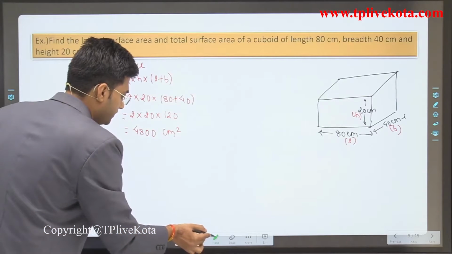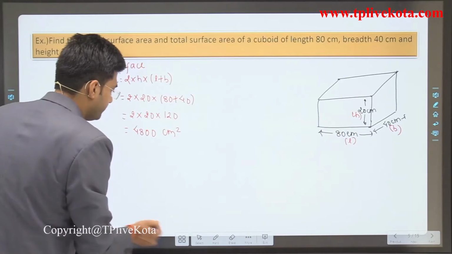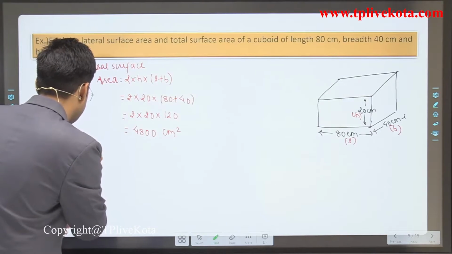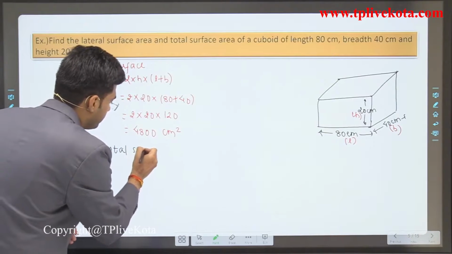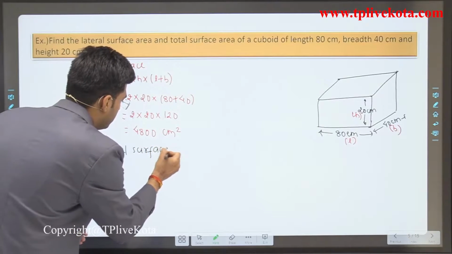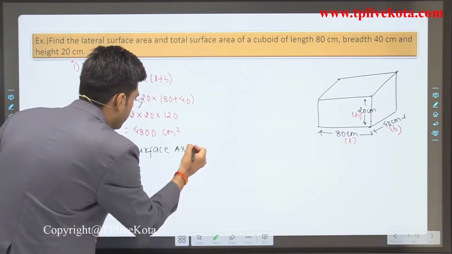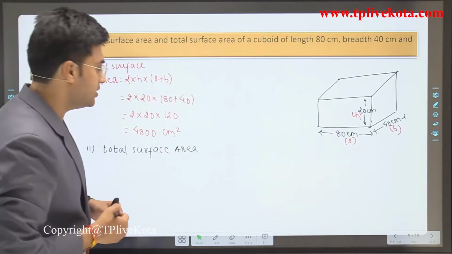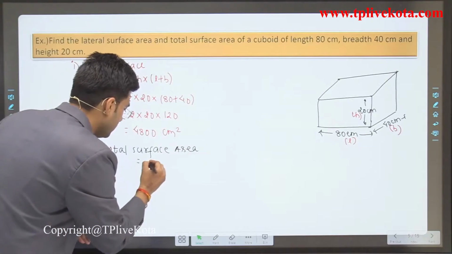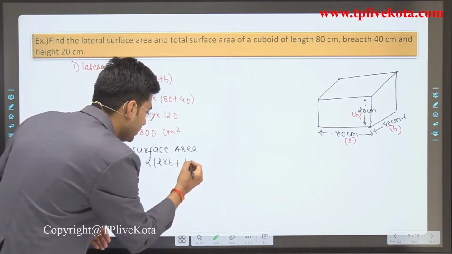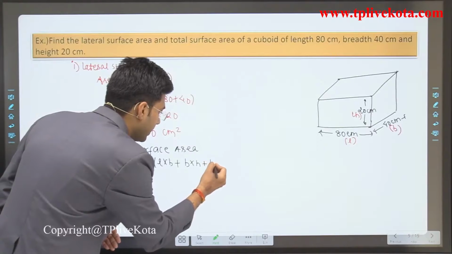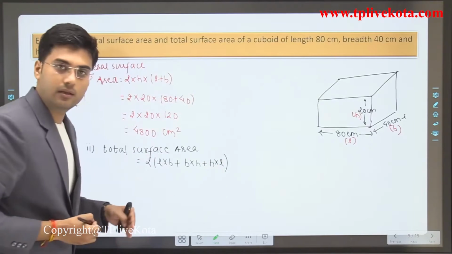So now second is total surface area. Total surface area is what? It is equal to 2 times of L multiplied by B, B multiplied by H plus H multiplied by L. Clear?